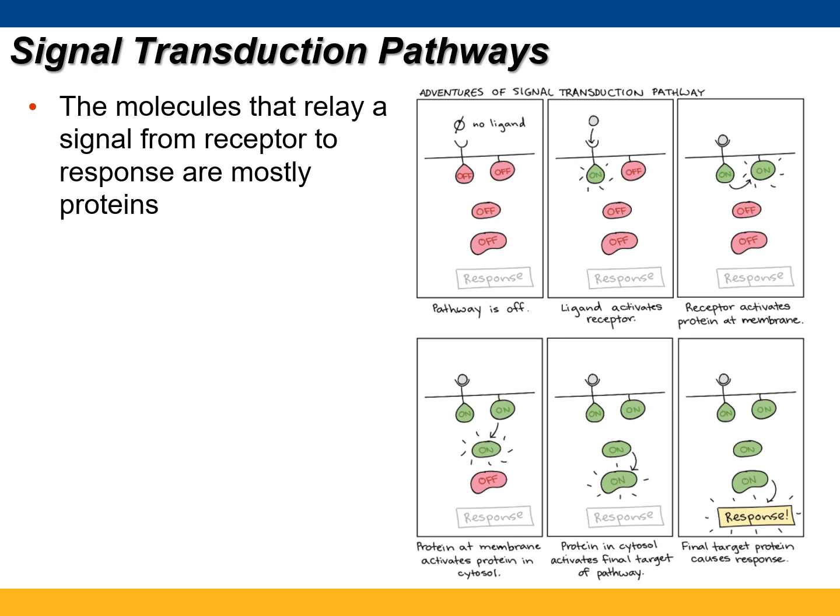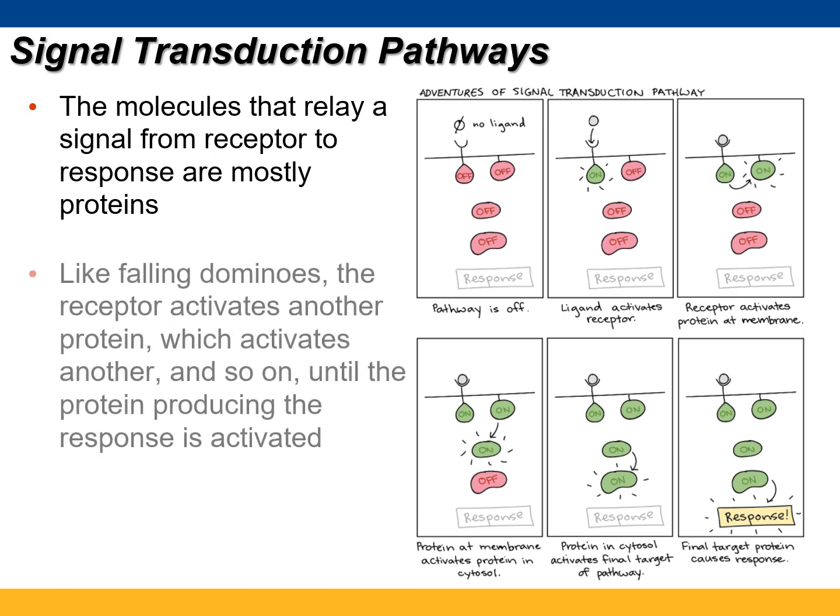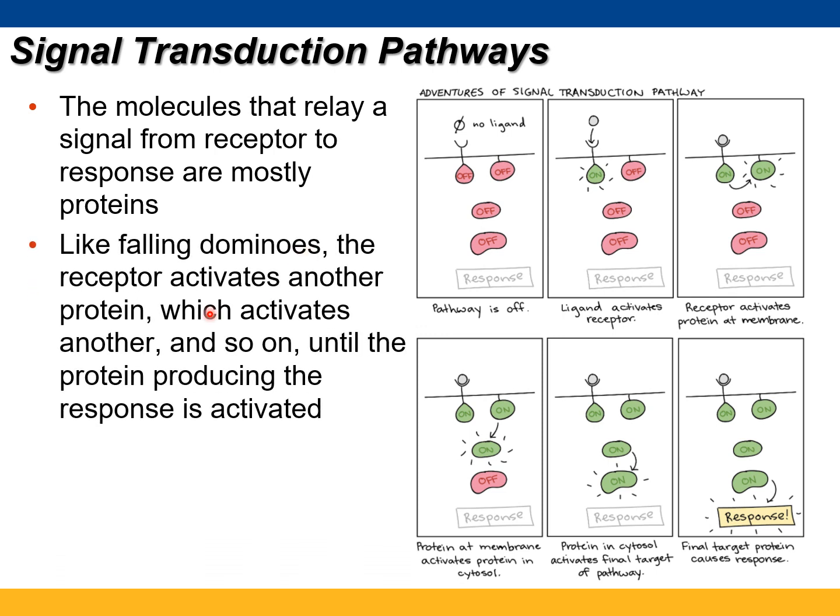Okay, so it's this stepwise pathway involving proteins. And like you said, like falling dominoes, but it's not one domino to one domino to one domino. It might activate 10 or 100.